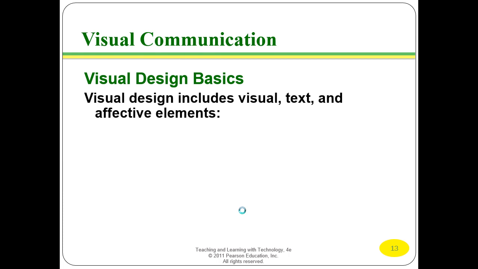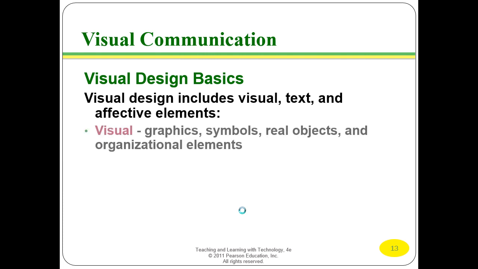So here's some visual design basics. Visual design will include the visual, text, and effective elements of the web page. On the visual side, any kind of graphic symbols, pictures of real objects, and organizational elements usually make the visual side of our website presentation more effective.